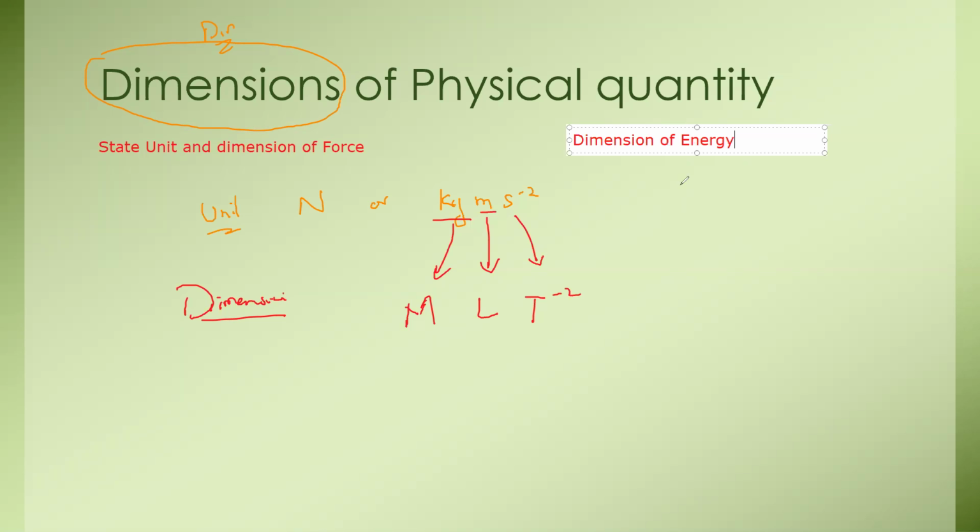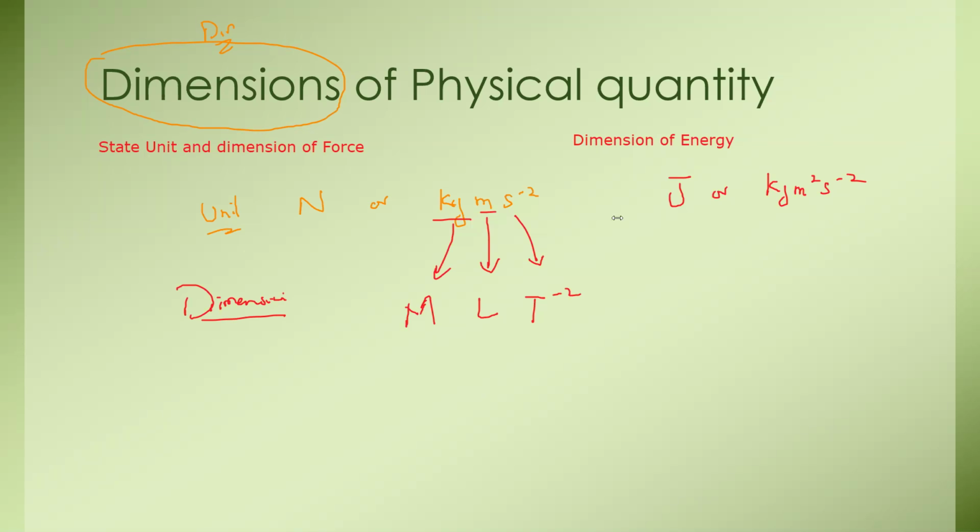The unit of energy is joules, and joules can be represented as kilogram meter squared second minus 2. So what are the dimensions? Mass, length square, and time minus 2.